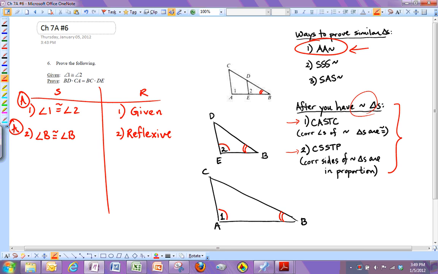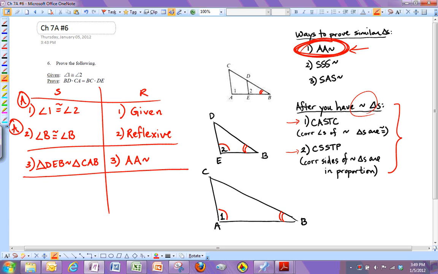So now I've got both pairs of angles, and I can then say, okay, now I've got this, angle-angle. So step 3 will be that my triangles are similar. DEB is similar to, in this case, CAB, because of angle-angle similarity.